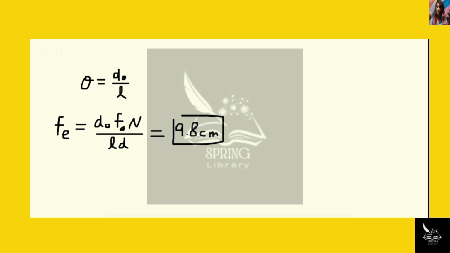The resolution limit theta is equal to 1.22 times the wavelength lambda divided by the diameter of the lens, D. Plugging in the values, we find theta is equal to 6.2, again two significant figures, times 10 to the minus 6 radians.